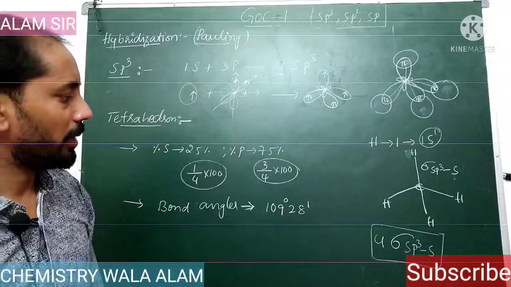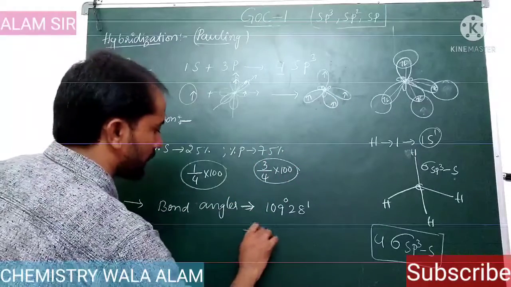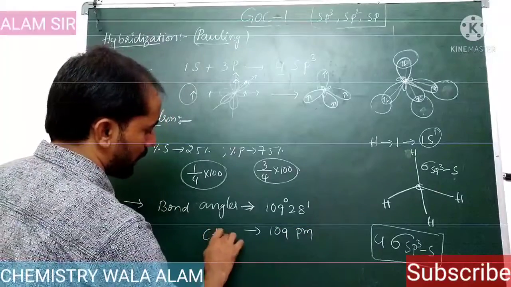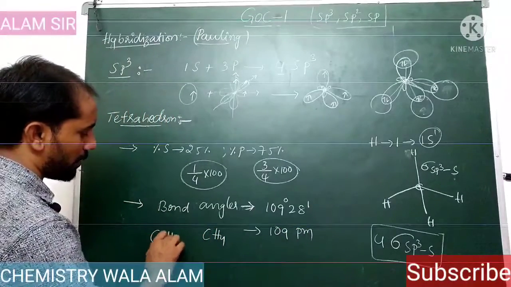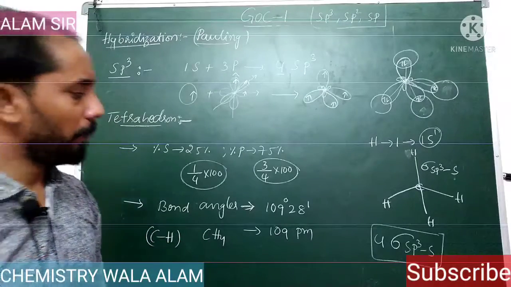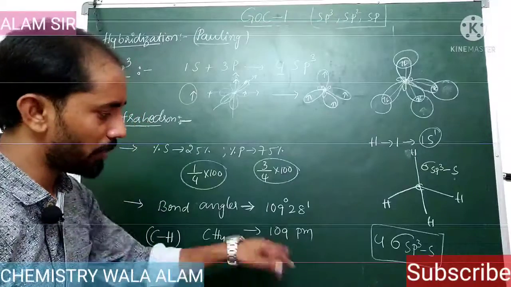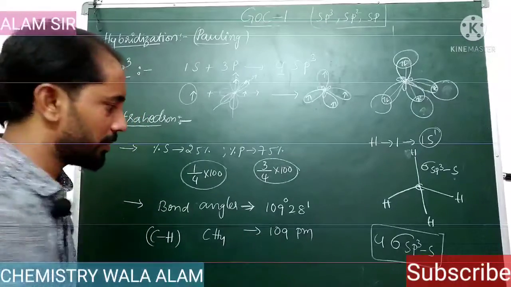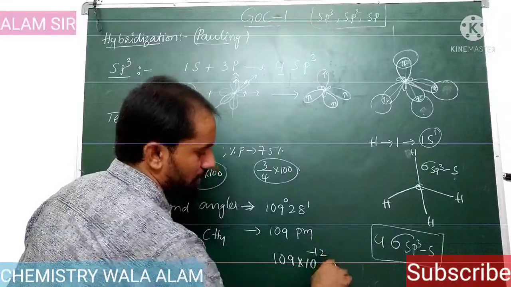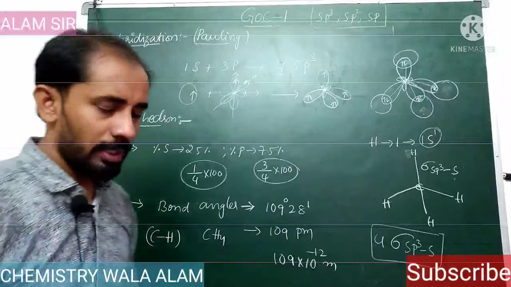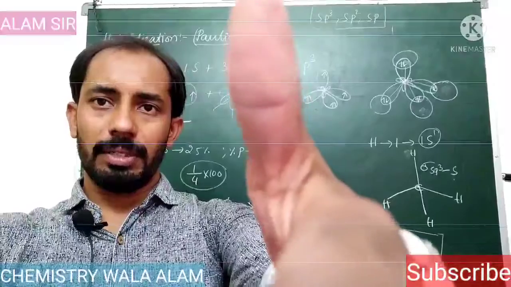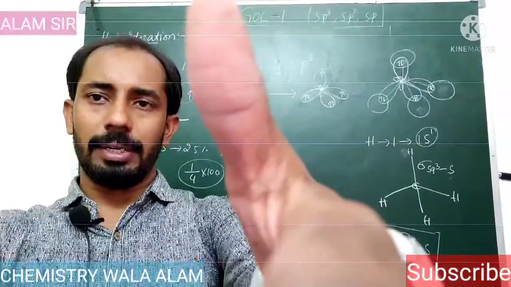In the methane molecule, the carbon-hydrogen bond length is 109 picometers. 1 picometer equals 10 to the power of minus 12 meters. Because atoms are very small, they can be represented in nanometers, picometers or angstrom units.